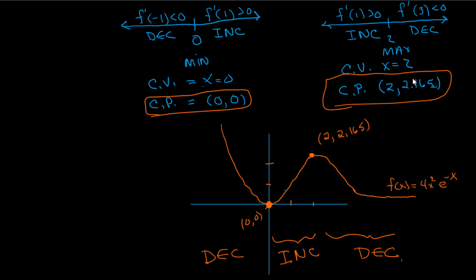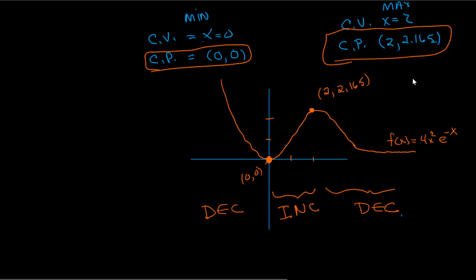You can't confidently say the y value is 2.165, and you really can't confidently say the x value is 2. The way I've got that graph, it looks like it might be 1.8 or 1.9, but that's the catch with graphs. They're not perfect. Okay, so there's that one done.